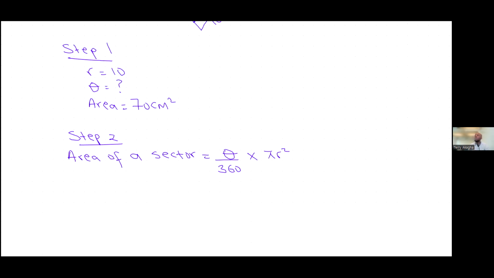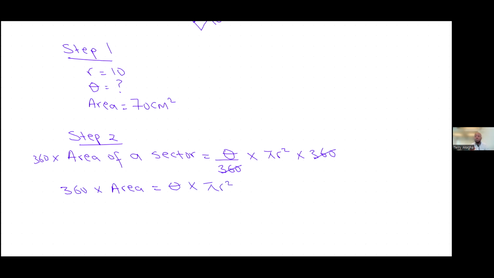To get rid of the 360, I'm going to multiply both sides by 360, so this 360 cancels this. We have 360 multiplied by the area of a sector equal to theta multiplied by pi r squared.